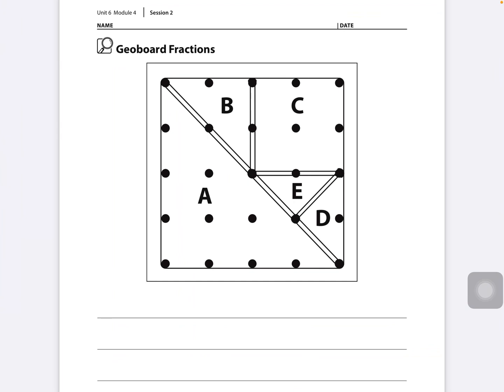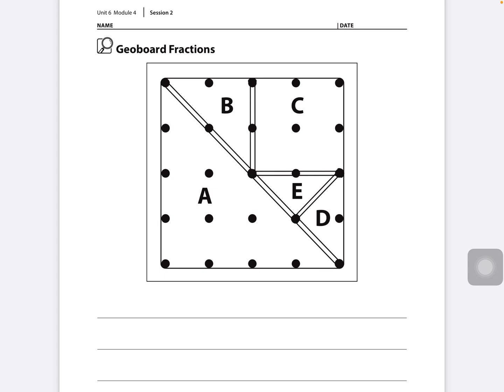Here we have a new version of an A, B, C, D, and E. I would like for you to take these lines down here and label each of our A, B, C, D, E, and see if you can come up with some pluses, like add A and B. What do you get? Add B, C, D, and E. What do you get? Well, I'm already kind of seeing one right here, this A one, and it reminds me of something that we did in yesterday's assignment from session 1.